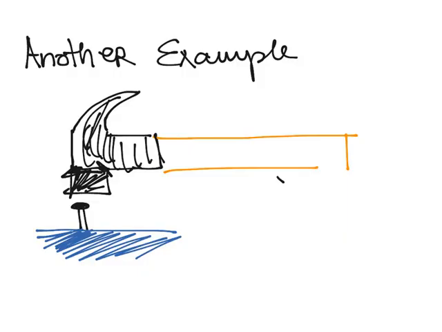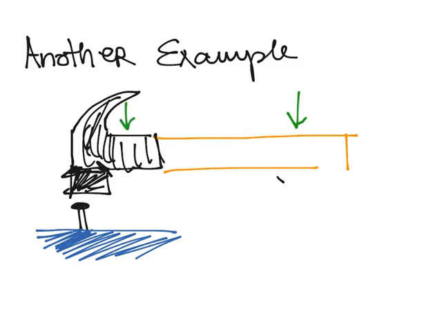Another example that's helpful to think about this is a hammer and a nail. If you are trying to nail something into a surface, you get a lot more effect for the force that you apply if you hold the hammer close to the end of the handle than if you hold it really close to the head.